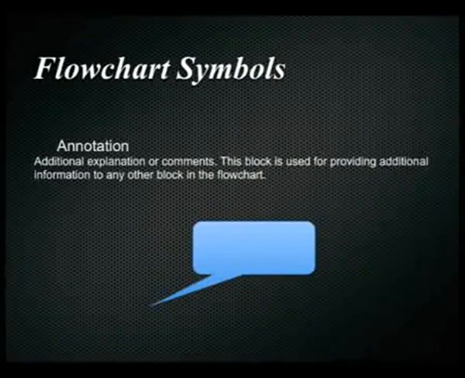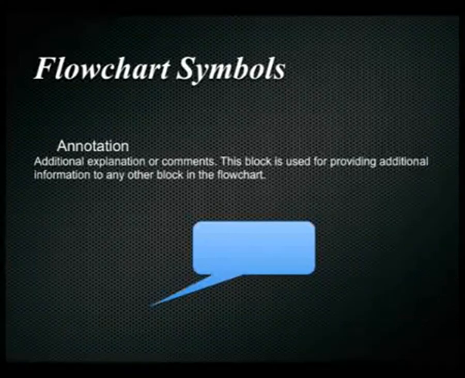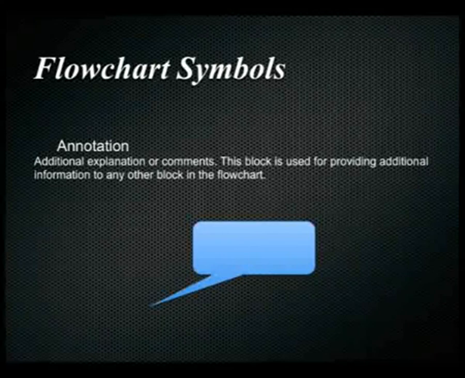So when it comes to, say, doing an input-output block or a process block, you may want to describe some additional information that you couldn't squeeze into that block, or information that isn't 100% important to understand what that particular block's doing, but may be additional assumptions or additional information that you might require when it actually comes to coding that block.